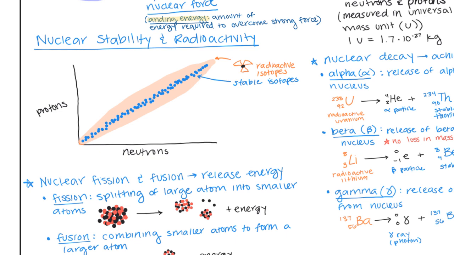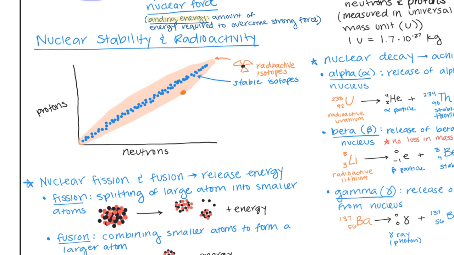So if we have an atom with a particular number of protons and neutrons, I'll just get my pen out. Say we have an atom down here. It's got its number of protons here, and it's got a number of neutrons. It's actually got more neutrons than it really needs.